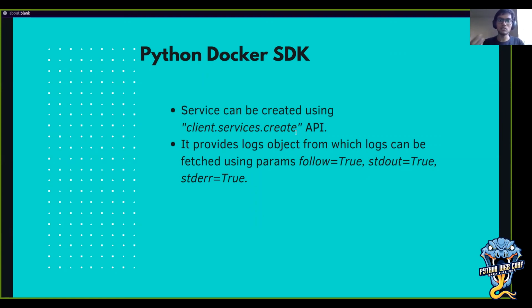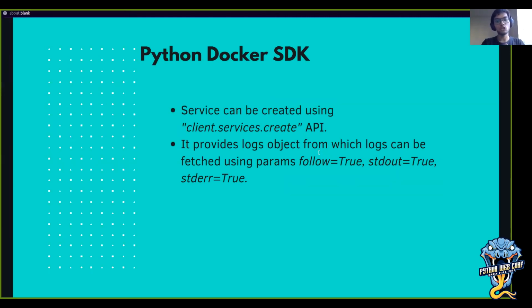We'll create the services using those APIs, and I had this configuration of follow, stdout, and stderr. As soon as the service is created by the client services create API, it gives the log object.